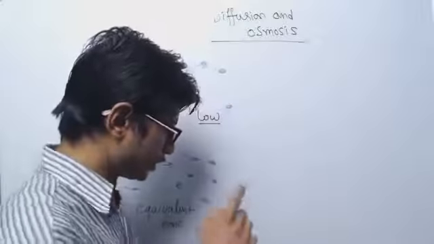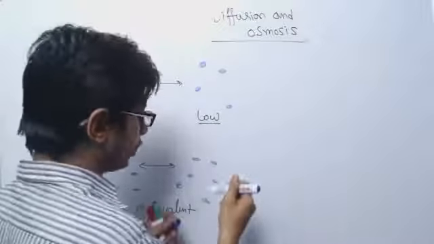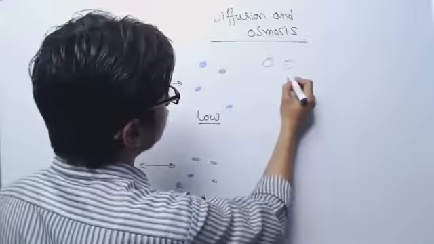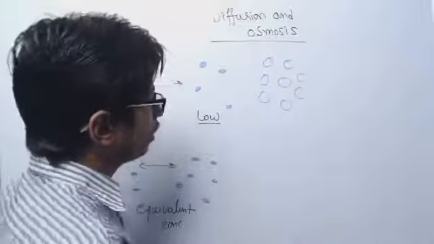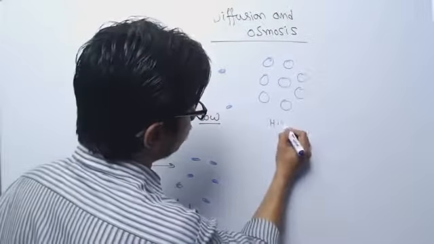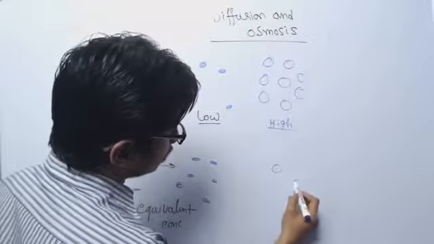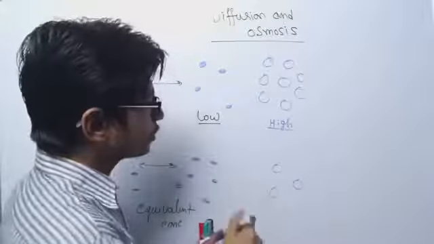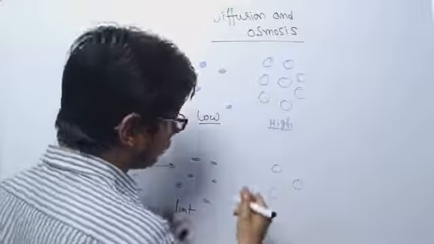In osmosis the same scenario is going on. Let's take this same thing. Let's say these are the molecules. This is the high concentration, and this is the low concentration of that same solute over there, and they are separated by the semi-permeable membrane.